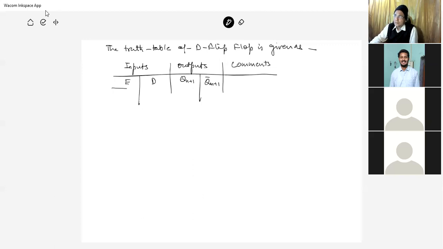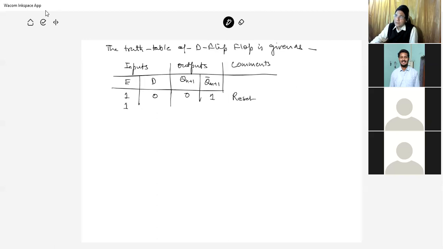So you see, if clock is 1 and D is 0, then Qn plus 1 is 0 and Q bar n plus 1 is 1, and it is known as reset.